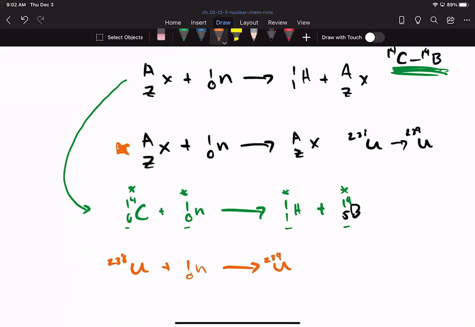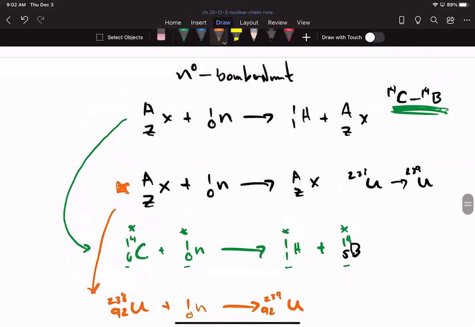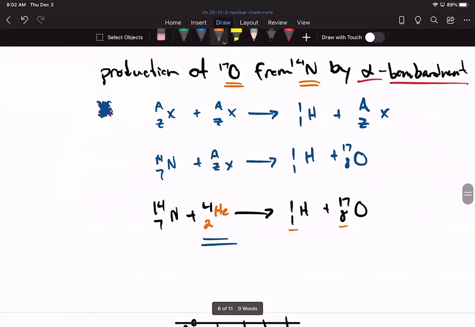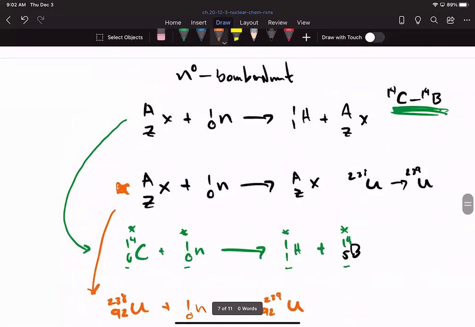The atomic number of uranium is 92. Let me clean that up a little bit. So those are 2 different examples that we have when using neutron bombardment.